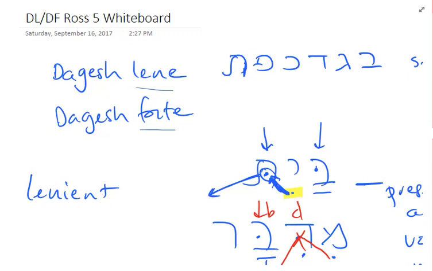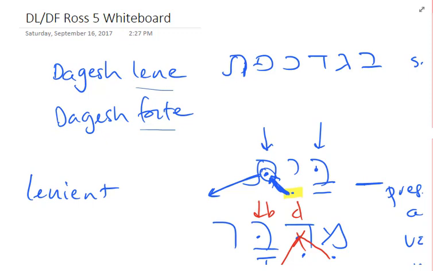Do we have any Latin experts? Light, soft, weak. Yes, and we get the word lenient from it. Forte means strong, and the word force would come from that word, right? So Dagesh lene is weak Dagesh. Dagesh forte is strong Dagesh.